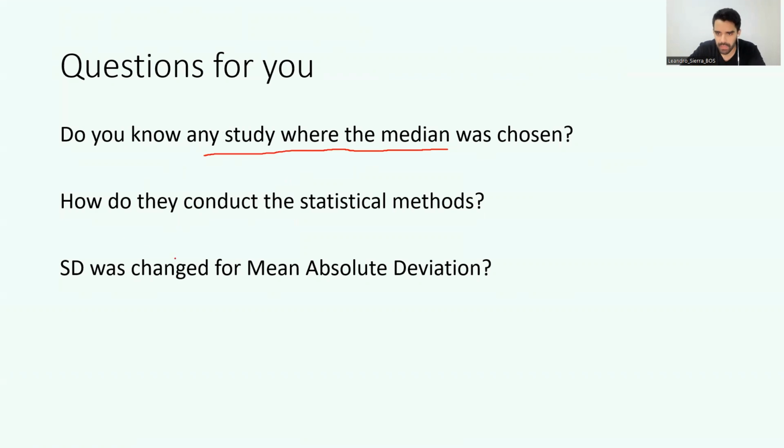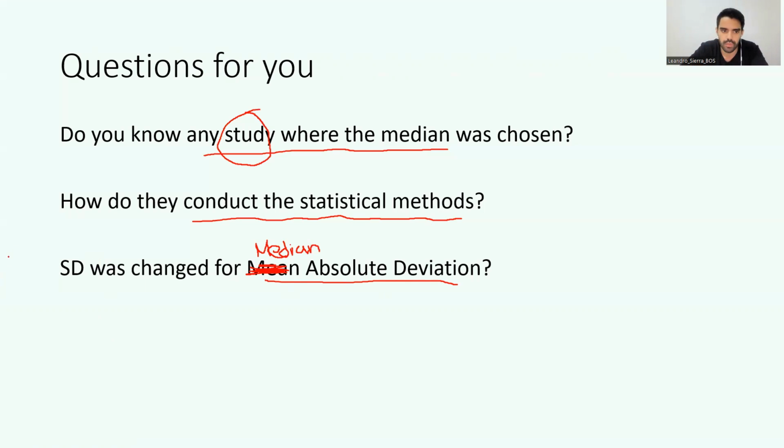If we choose a median in that study, how can we conduct the statistical methods? For example, the standard deviation. Does it change to a mean absolute deviation? No, I'm sorry, this is wrong. To a median absolute deviation.